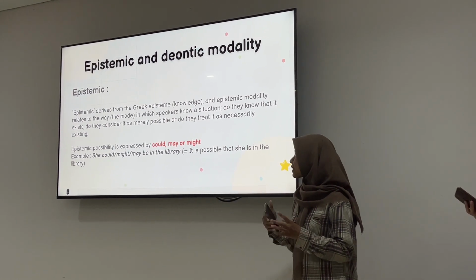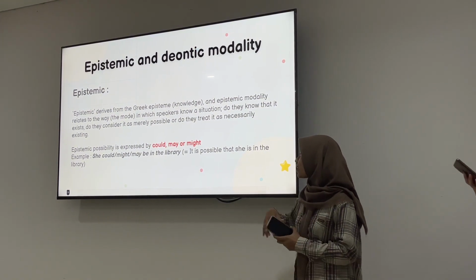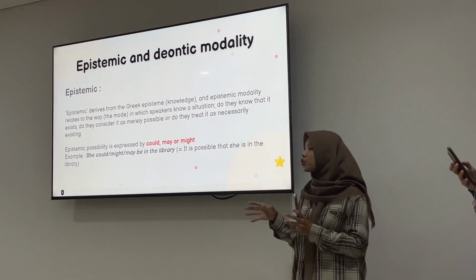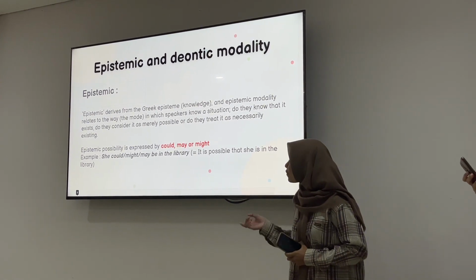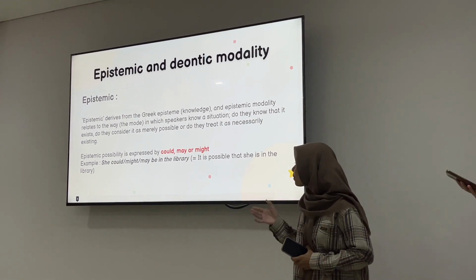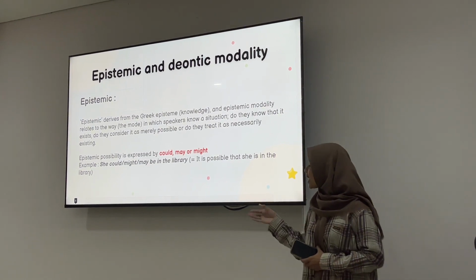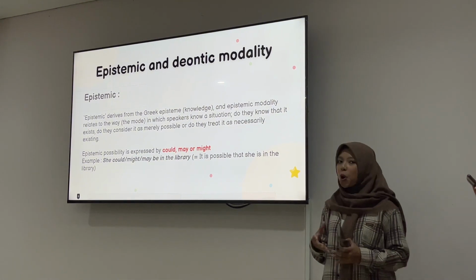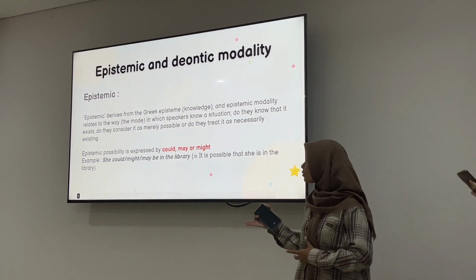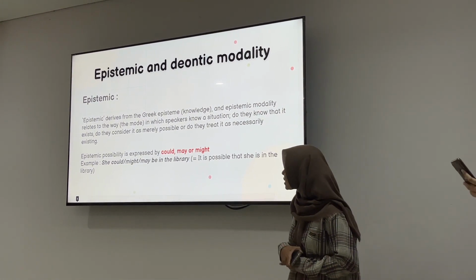Maybe the speaker last time saw that she brought a book and went to the library area. So what is the difference between could, might, and may? May is neutral here, but might and could show a stronger possibility. For the next material.